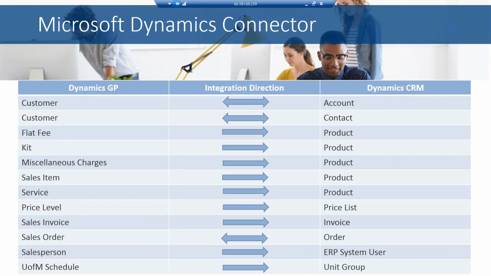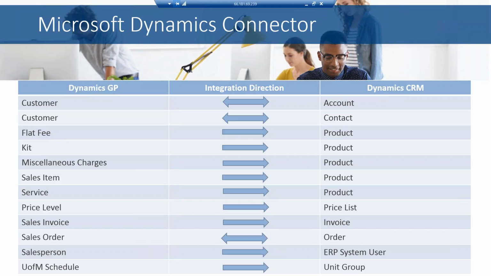And along with those items, you also have what are called price levels. So how do I price my items when I invoice? Price levels can be defined in the GP inventory module, and you can assign individual customers to price levels. And then you'll notice at the bottom we also have unit of measure schedules.